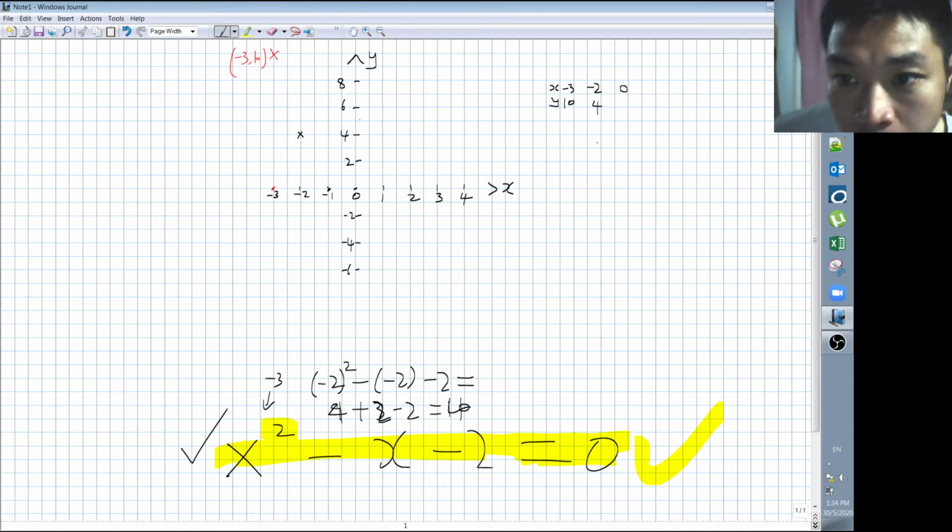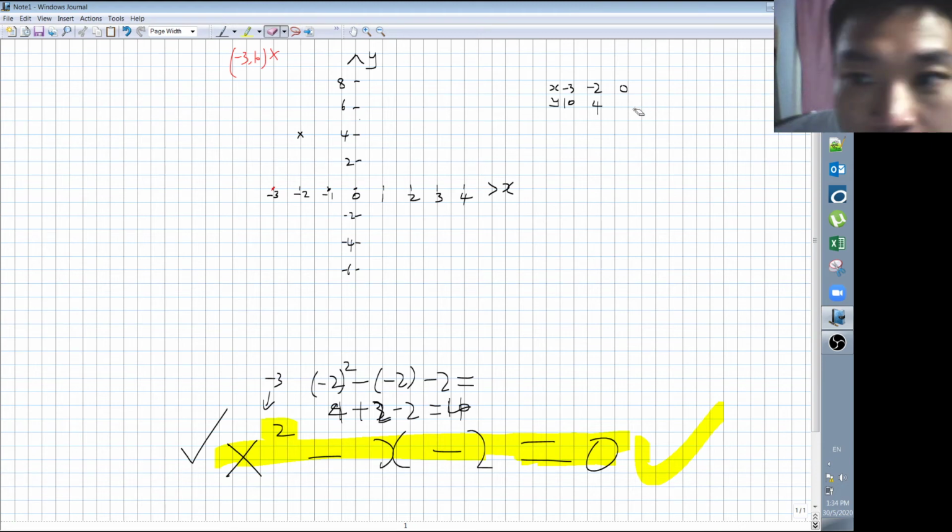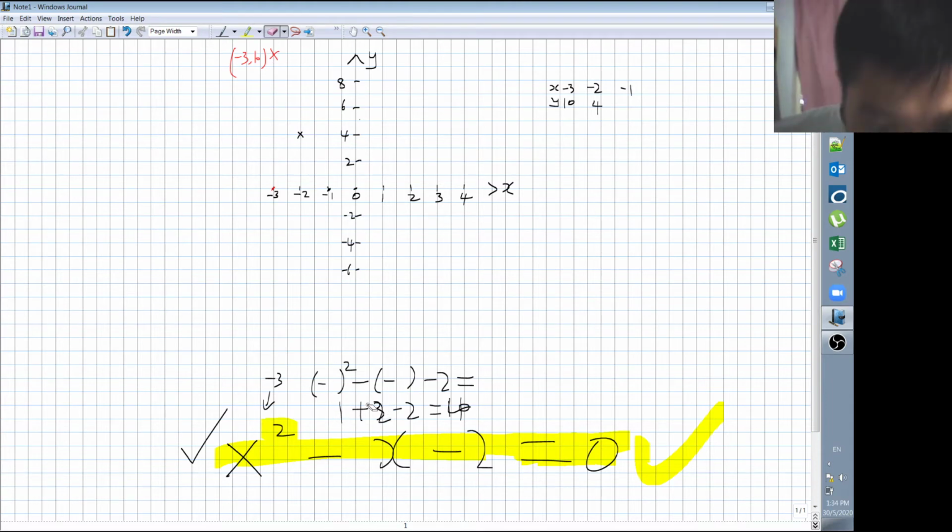Okay, now let's go on. You can actually choose to have a minus 1 for your x and see what you get for your y. So let's replace minus 1.